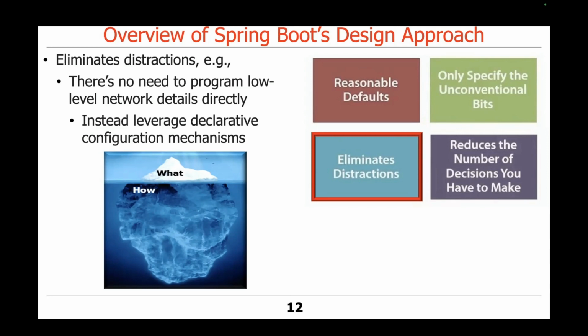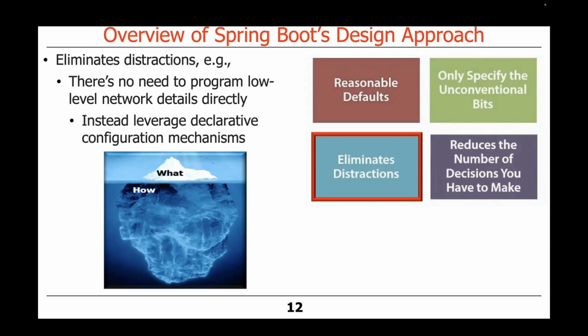And I always like to represent that dichotomy with an iceberg where the visible part is the what part, that's the part you care about, and the implementation part or the how is kind of invisible to you, lurking under the surface and hopefully safely out of your way so you don't run into the underneath part and end up causing yourself to sink like the Titanic.